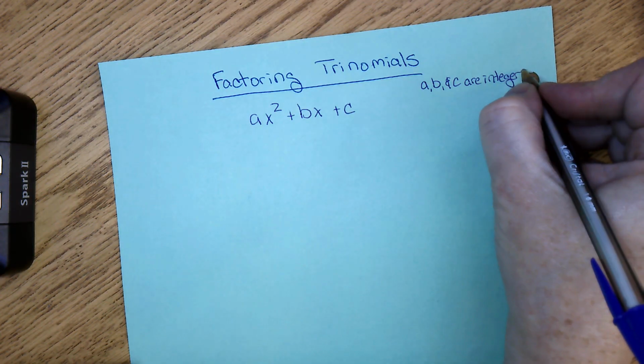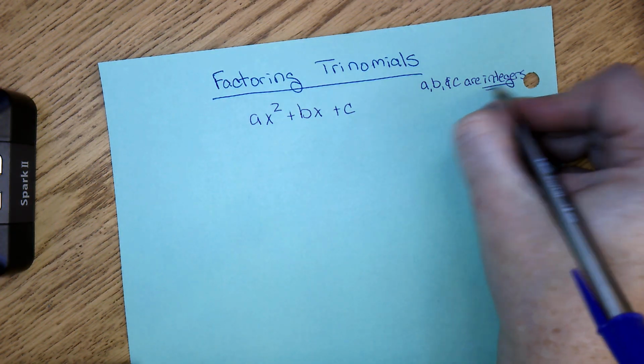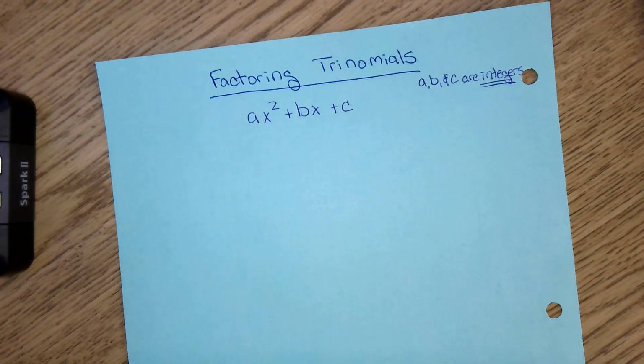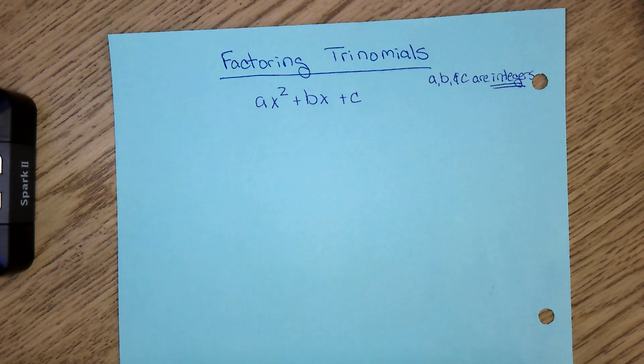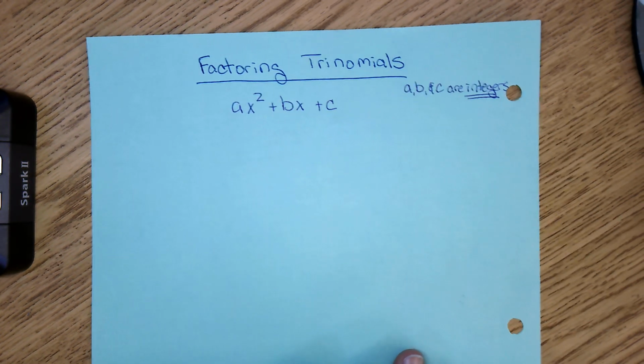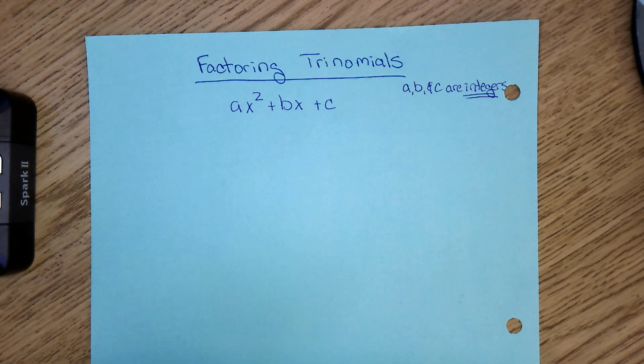A, b, and c are integers. They're always numbers, all right? And x just symbolizes your variables. The variable isn't always x. That just symbolizes whatever variable you may have within your expression.